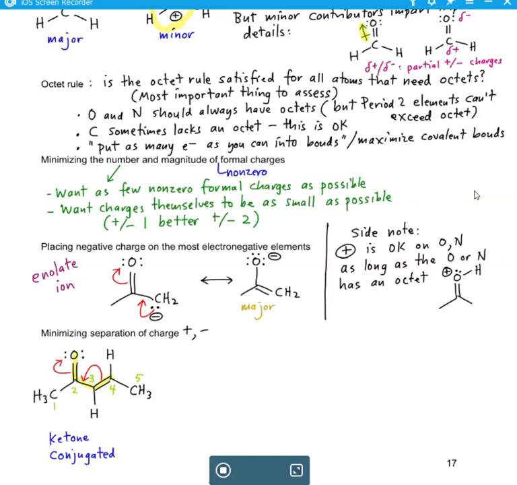So we're going to pull a pair out of the double bond between the carbon and the oxygen and put them on the oxygen. Notice how all the atoms stay in the same places. Let's maintain our numbering.